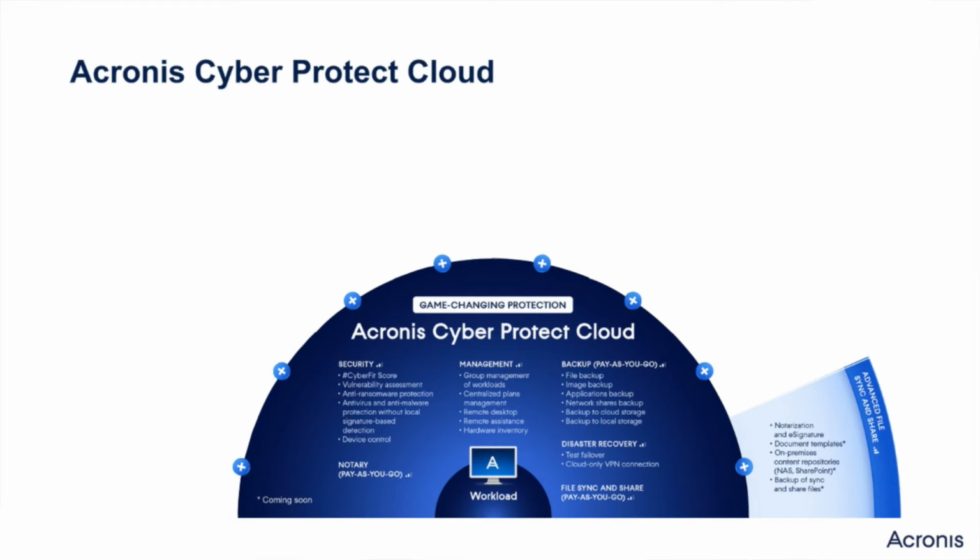So the advanced file sync and share is an add-on to the file sync and share service that's part of Acronis Cyber Cloud. And this adds some of the functionality from the Acronis Cyber Notary service into the file sync and share service.